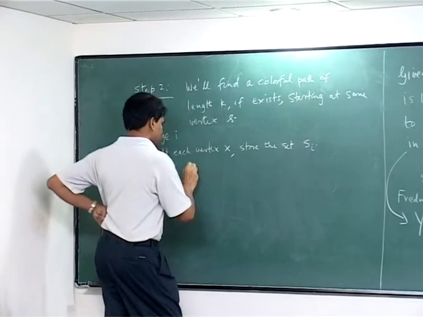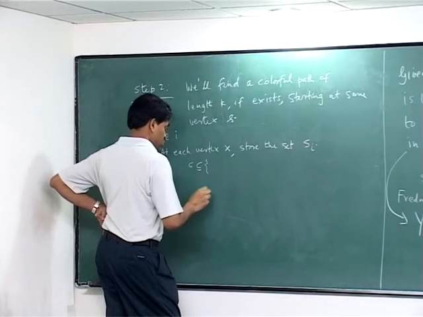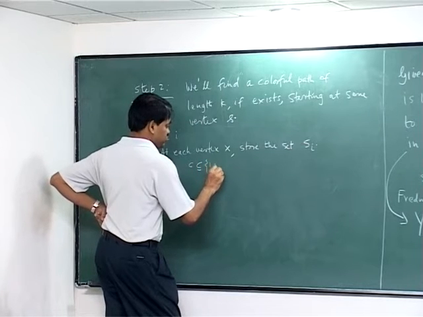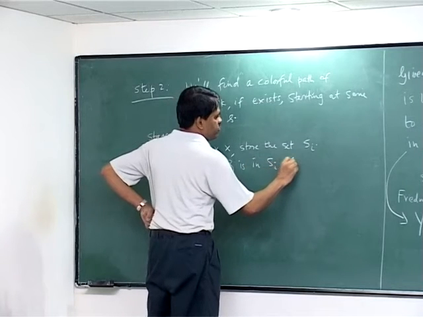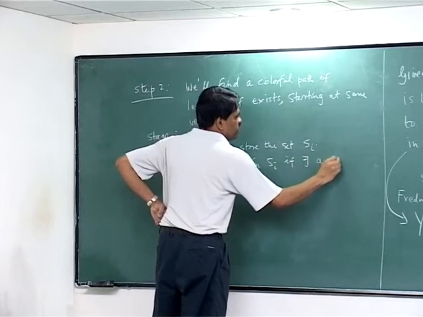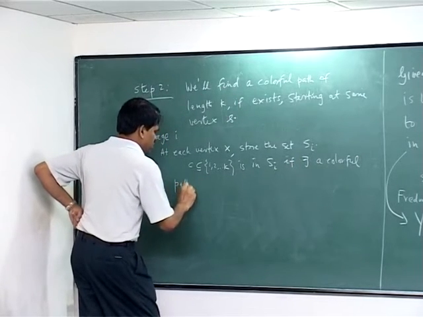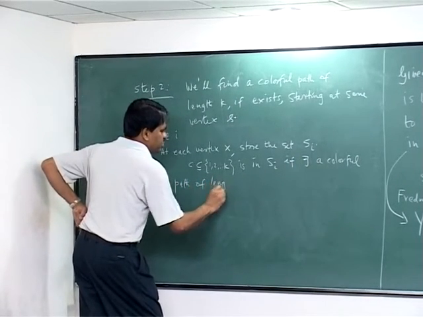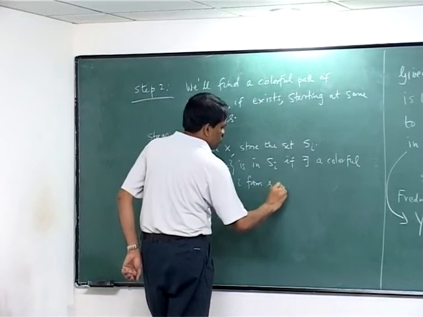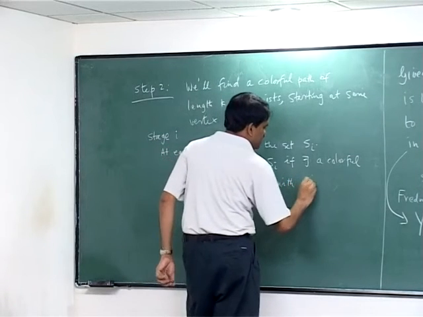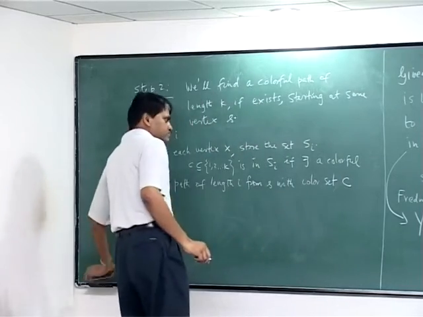What does S_i contain? A color set C is contained in S_i if there exists a colorful path of length i from s with color set C.